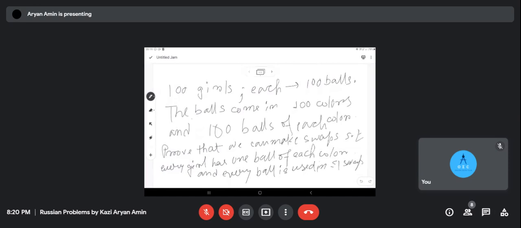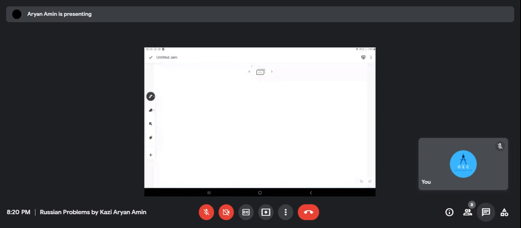Okay, cool. So, some notes on how to get started on this problem. First things first, this problem is sort of asking you to maybe match every ball with a pair of girls or something, right?